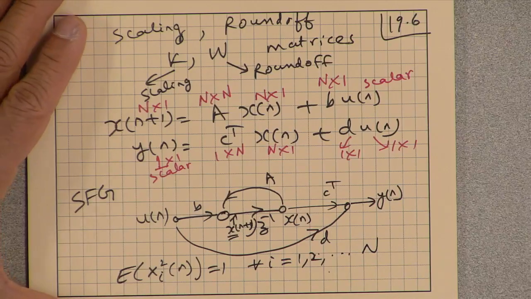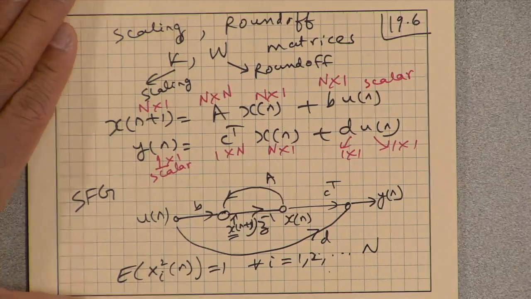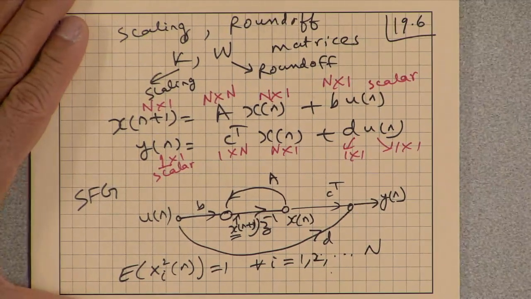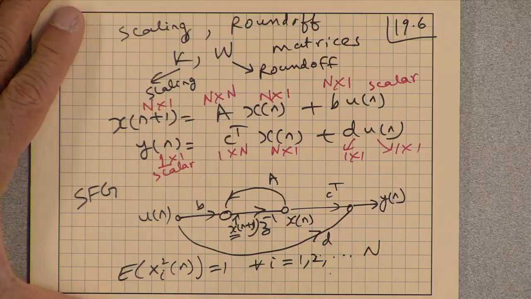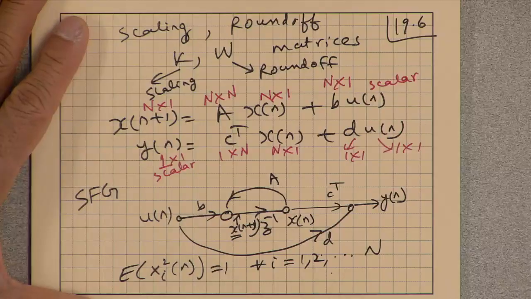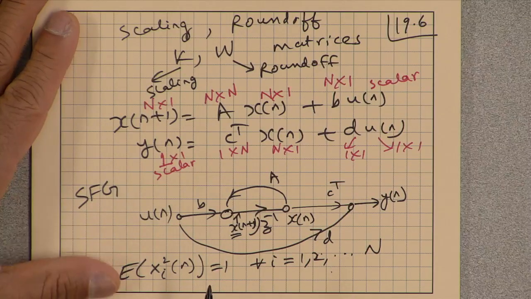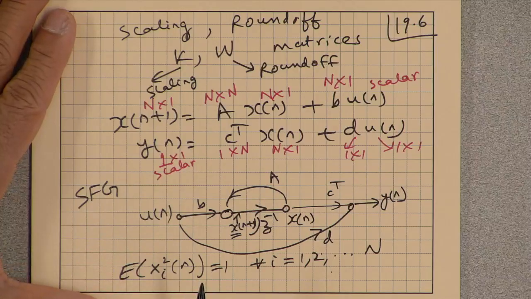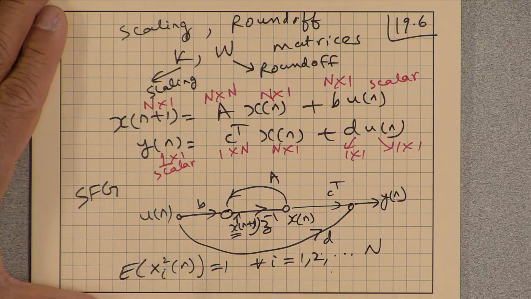We are making an assumption here that all these variables are zero mean. We are assuming that the input is zero mean and has variance sigma u squared. The whole purpose of scaling is to make sure that after the filter is scaled, the expected value of the square of each and every state is 1.